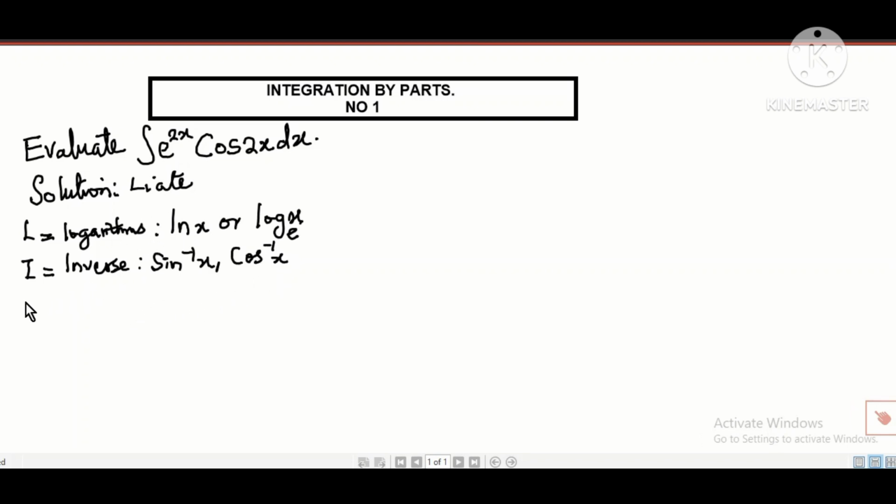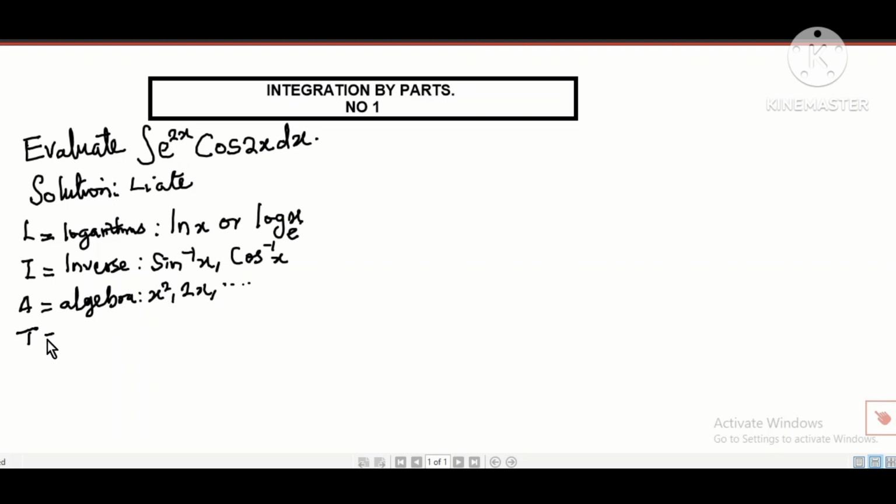And the third letter there is A, will represent algebra, and that algebra could be things like x squared, maybe 2x, and probably anything in x, normal algebra.